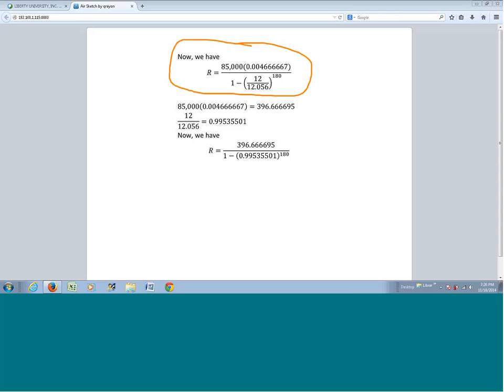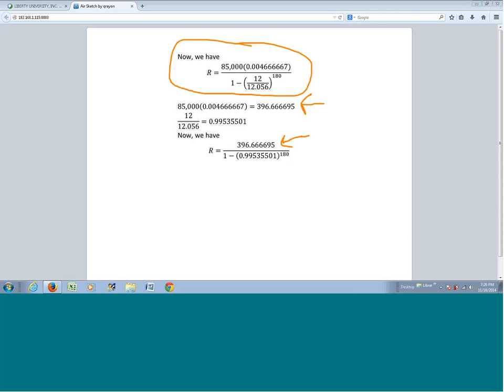Then in my numerator, 85,000 times that great big decimal gives me this, 396.666695. Okay, so again, write that entire thing in the numerator. Then in my denominator inside parentheses, I need to do that division.